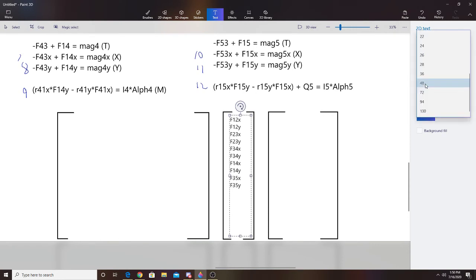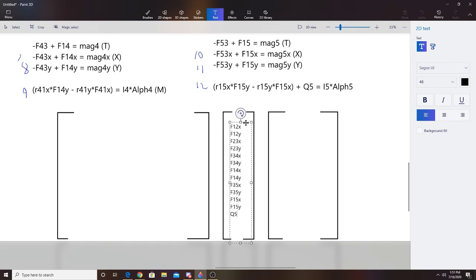And it's F15x and F15y. And then the last one is Q5. So I'll just move this one down a little bit. All right, so that is our lineup.